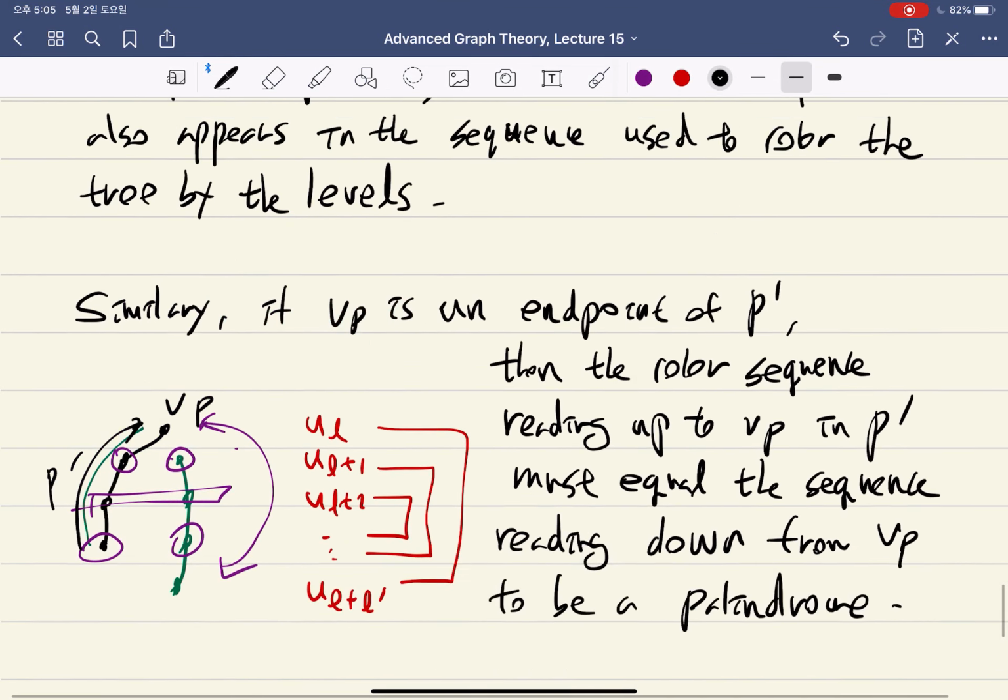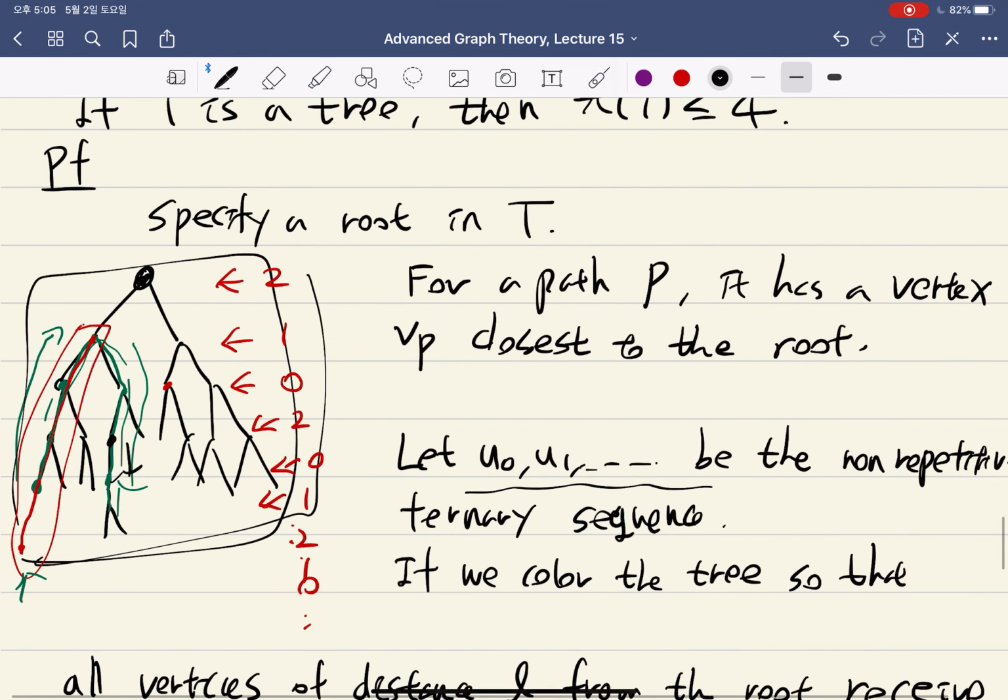So this shows that if we, instead of this 2, 1, 0, use some ternary sequence, some sequence U0, U1, U2, U3, and so on.